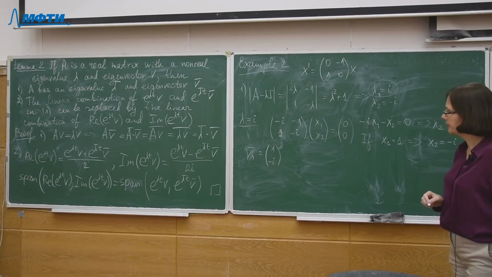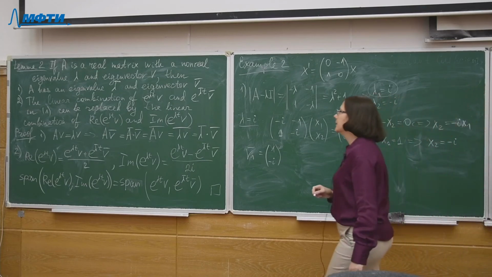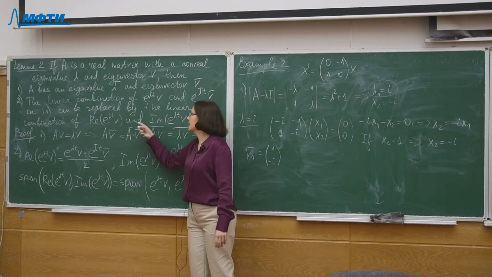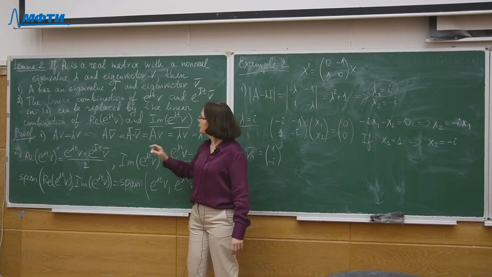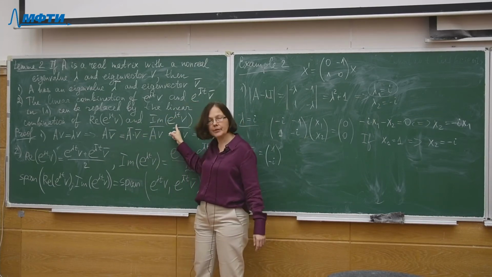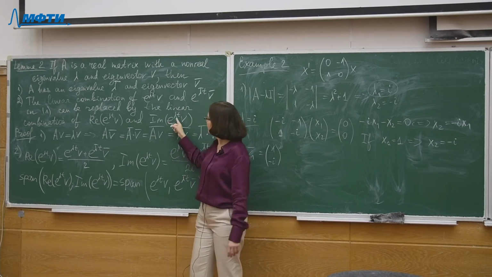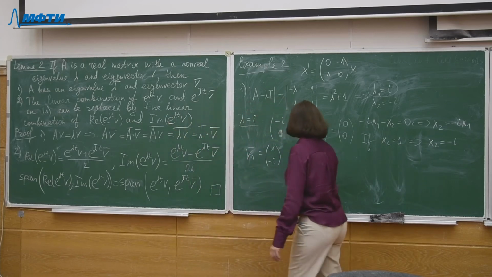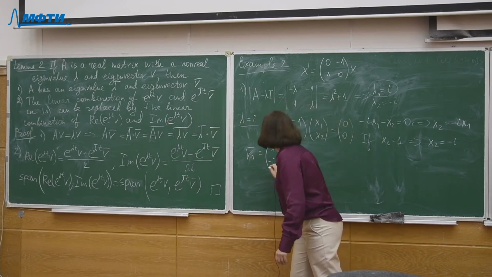Well, next, according to this rule, we need to find the real part of this vector and the imaginary part. So it's step number 2.